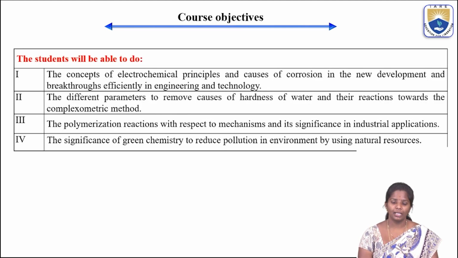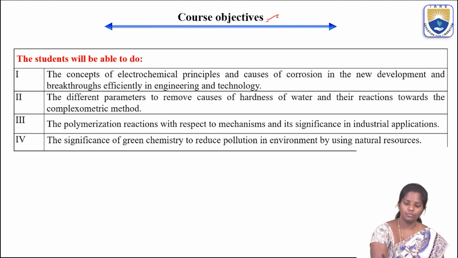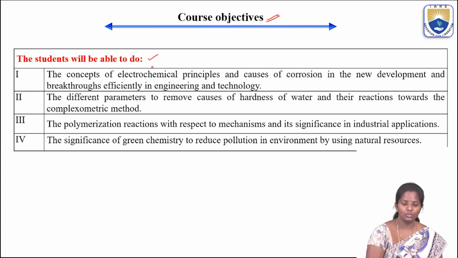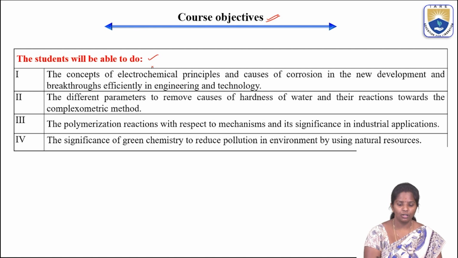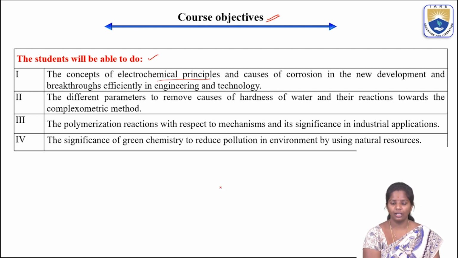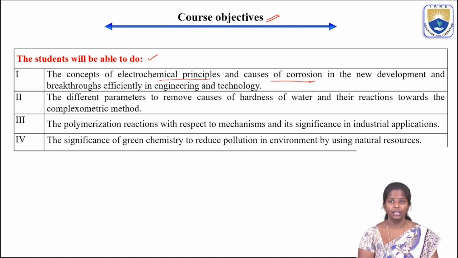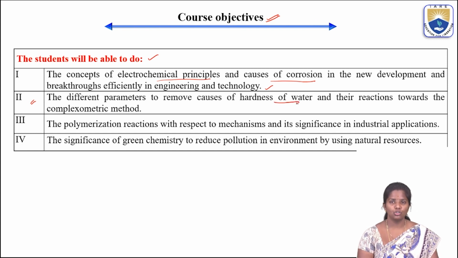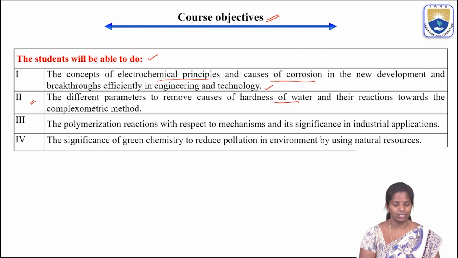The course objectives will always start with the phrase "The students will be able to". The first one: the concept of electrochemical principles and causes of corrosion in new developments and breakthroughs efficiently in engineering and technology. The second, from the second module: the different parameters to remove the causes of hardness of water and the reactions towards the complexometric method or titration.